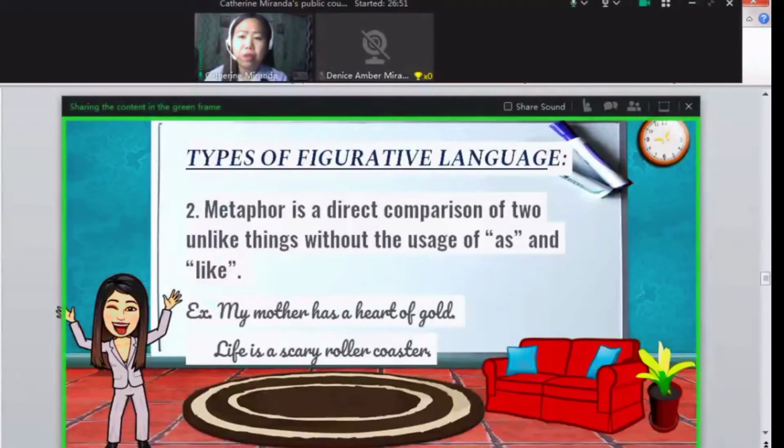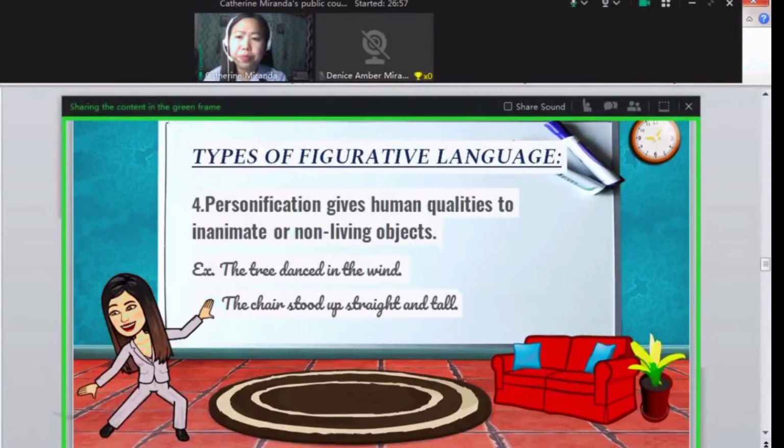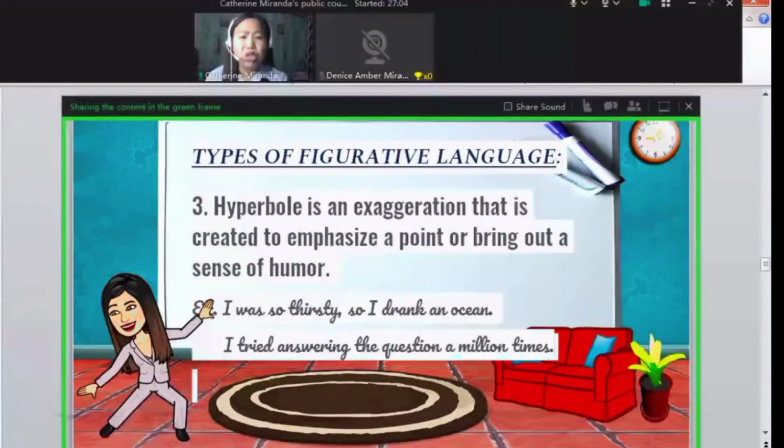The third type of figurative language is what we call the hyperbole. When we say hyperbole, it is an exaggeration created to emphasize a point or bring out a sense of humor. Looking at the examples below, we can see here, "I was so thirsty, so I drank an ocean."